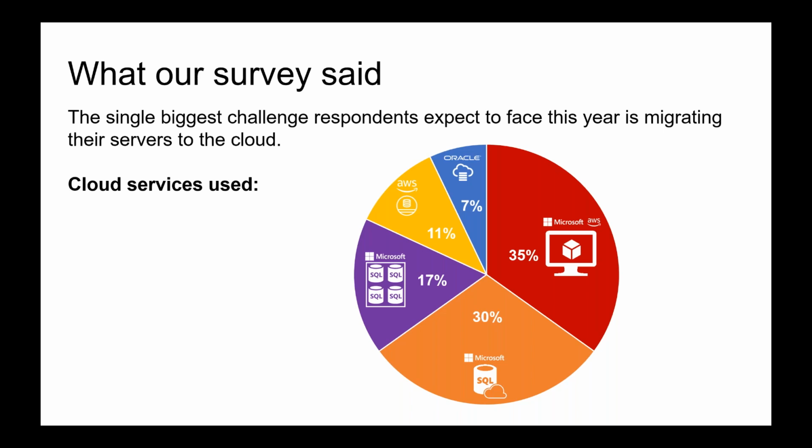Oh, I'm sorry, I'm misreading the slide. It's 30% Azure SQL Database. It's 17% managed instances, and then the 11% AWS is the AWS like Redshift and all that stuff. The 35% is either AWS or Azure virtual machines.